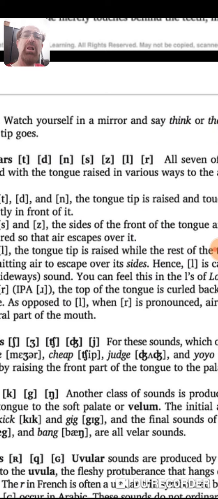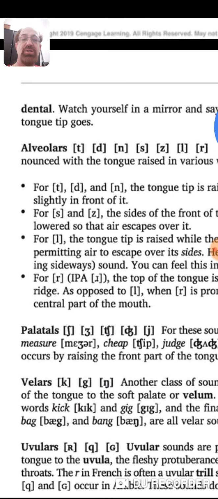When you say l, the two sides of the mouth are open. Why? Because the front part is closed by your tongue. So the air goes out from the left and the right side of the mouth, like this, not from the front part, the two sides.